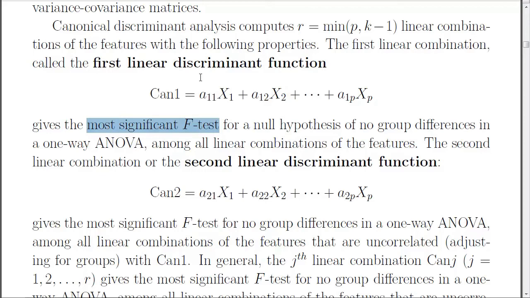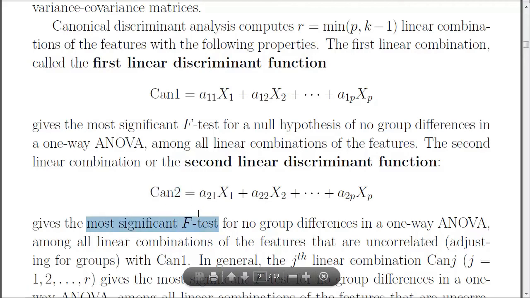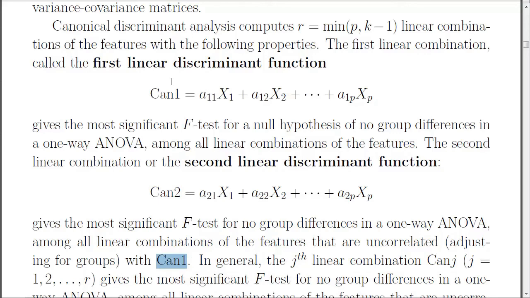So if you want to ask, are the groups different, this is the direction that gives you the most power for detecting a difference. And then canonical 2 is the second linear discriminant function that will give you the most significant f-test that is uncorrelated with that first direction, canonical 1, and so on. So you'll get canonical 1, canonical 2, and so on.